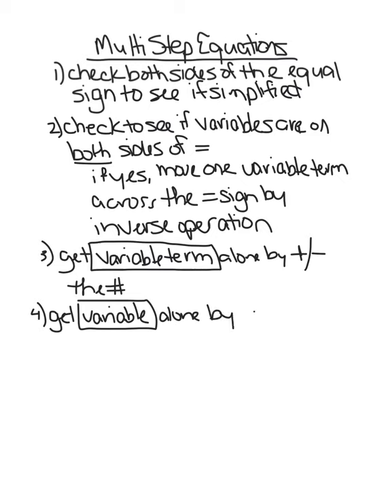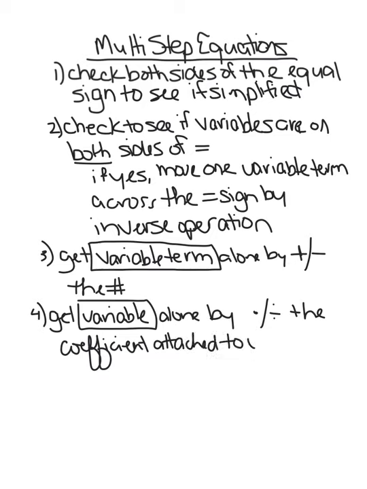We do that by multiplying or dividing the coefficient that's attached to the variable. If it's like 3x, we're going to divide by 3. If it's x divided by 3, we're going to multiply by 3, right? So we're going to get the variable term alone, and then we're going to get the variable alone.